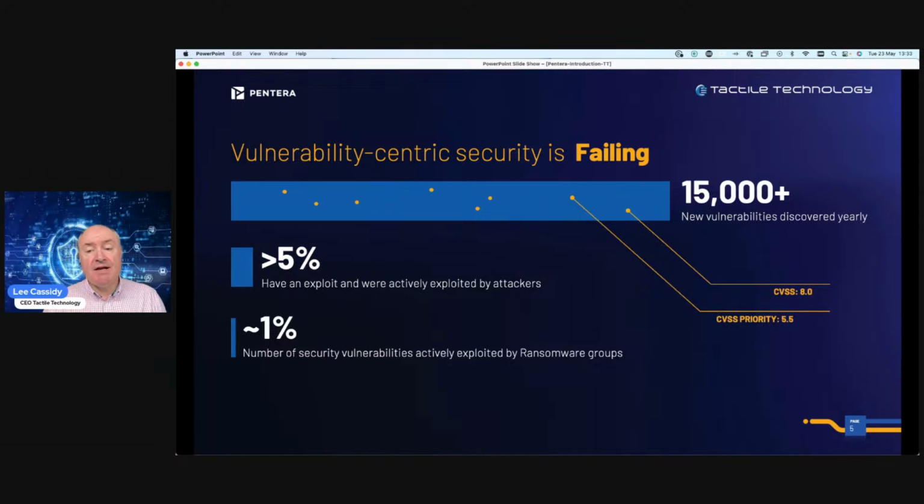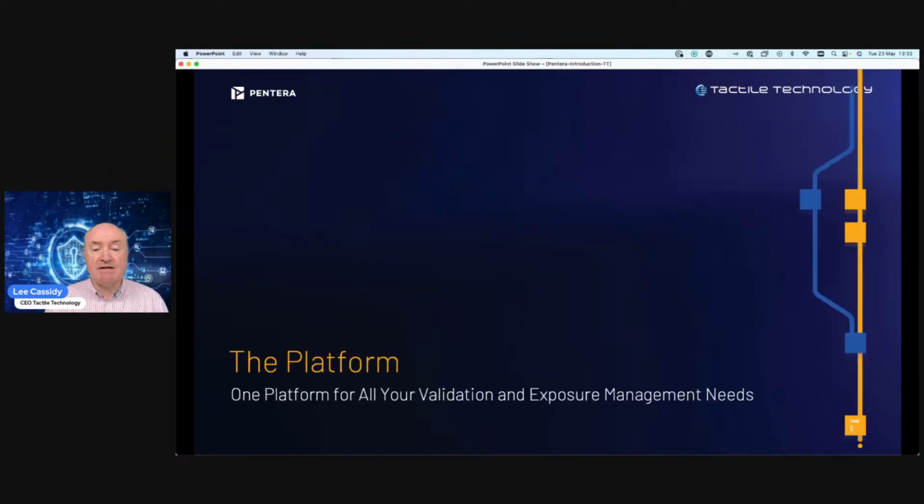They're split up by different priorities and CVSS scores, but only around 5% are actually exploitable, and the number that are being exploited is much lower than that, around about 1%. So we could be doing a lot of effort for something that's not going to add real value to our business from a cybersecurity and protection perspective.